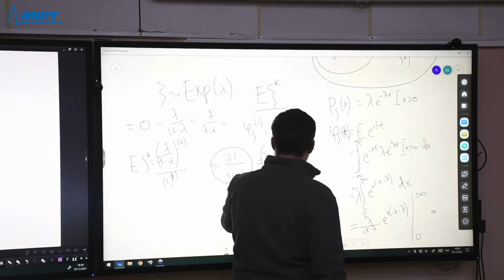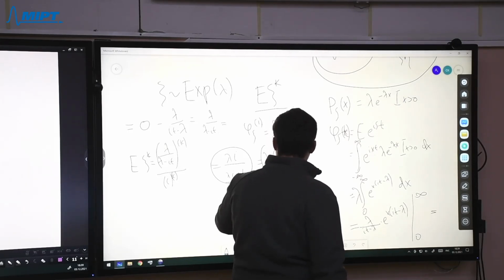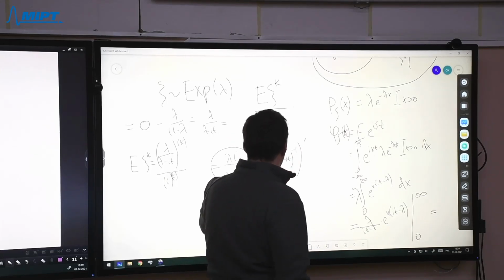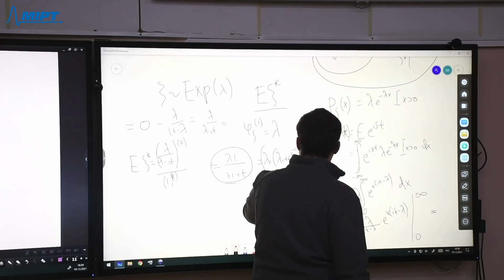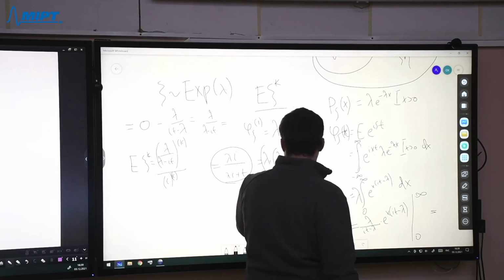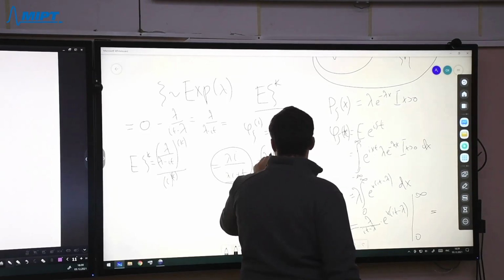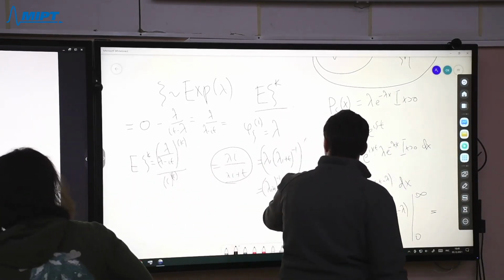Plus. Minus. Okay, minus the derivative of this, which is, we repeat the bracket to the minus 2, times the internal function, which is 1, and multiplied by lambda I, right?